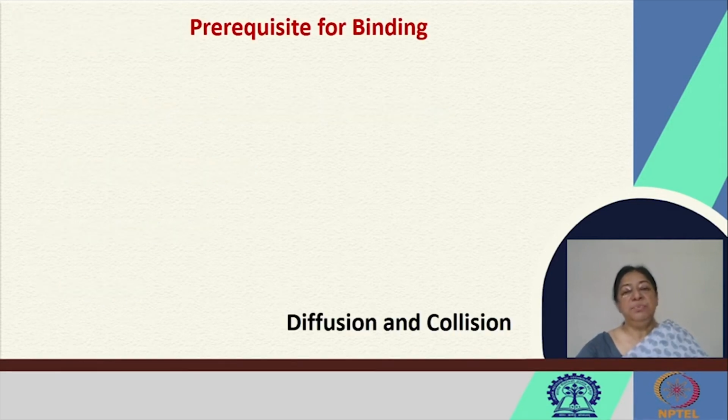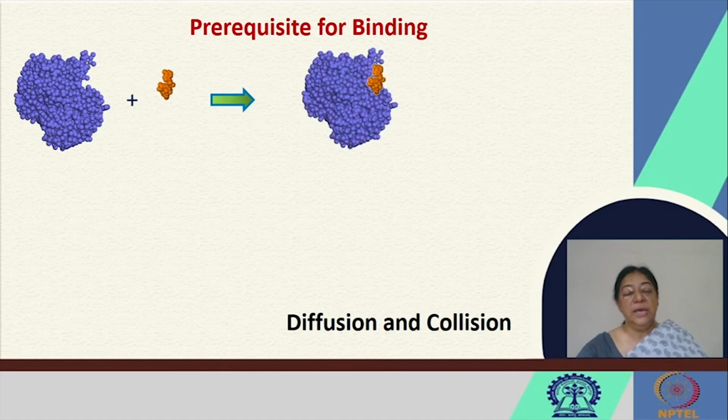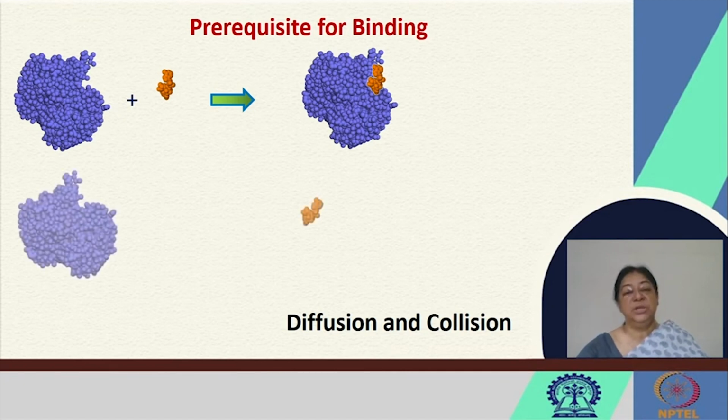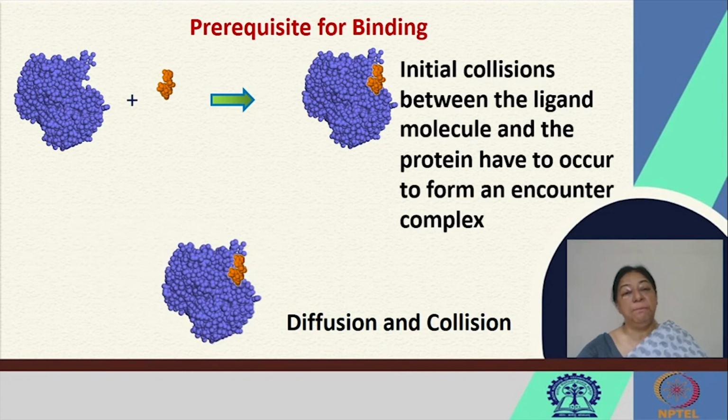We understood that the prerequisite for binding, similar to an enzyme substrate complex formation, which we will see later, requires diffusion and collision. In this specific case of a protein and ligand bound together, with the proper orientation and the proper proximity we would have this binding, and the initial collisions will have to occur to form this specific complex.